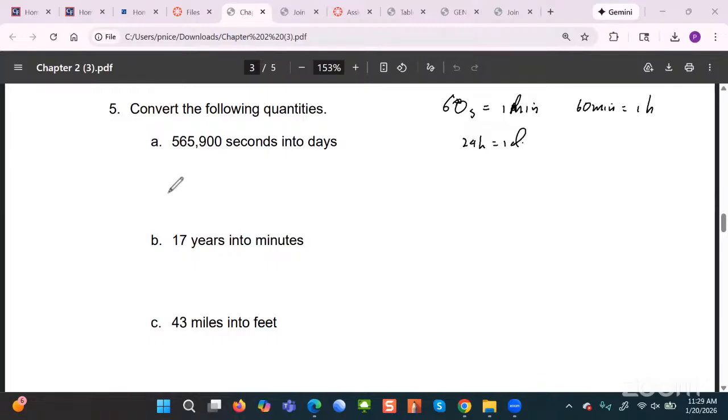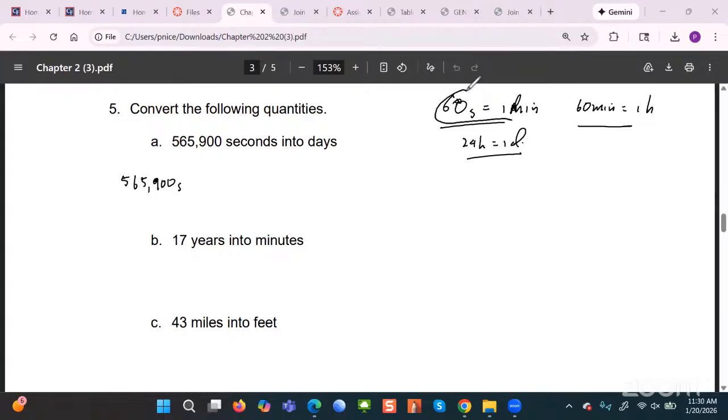So basically what we're going to do is start off with the given amount of seconds, 565,900 seconds. And what we're going to do is multiply it by a series of conversion factors, right? And each conversion factor would represent each of these relationships that I just outlined right here. So the first thing I would do is go from seconds to minutes, right?